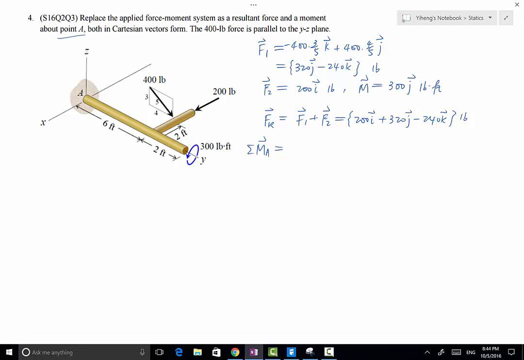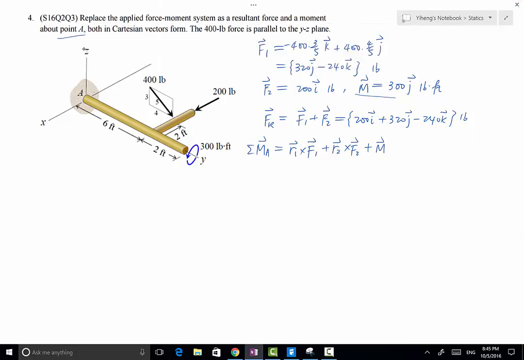So in this case, we have moment caused by force F1 using the vector formulation R1 cross F1 plus R2 cross F2 plus the free couple moment M right here. So we already have F1 as a Cartesian vector, F2 as a Cartesian vector. What about R1 and R2?